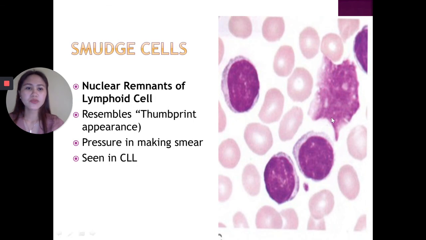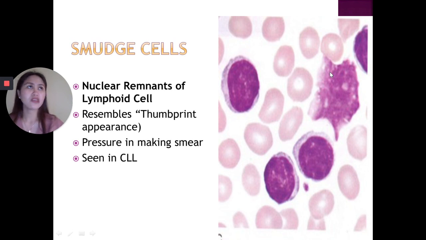Next, we have smudge cells. These are the nuclear remnants of lymphoid cells. It resembles a thumbprint appearance, and like basket cells, it can also be caused by pressure in making the smear.